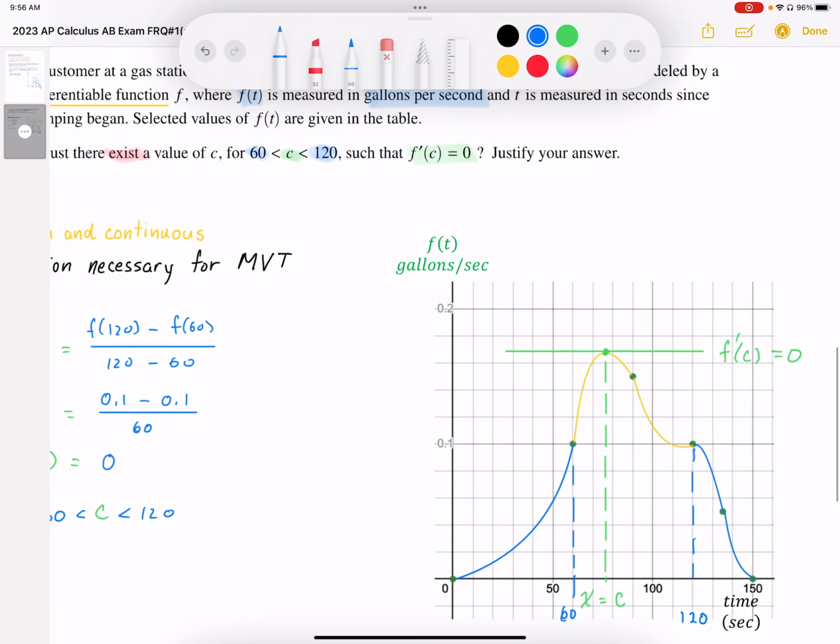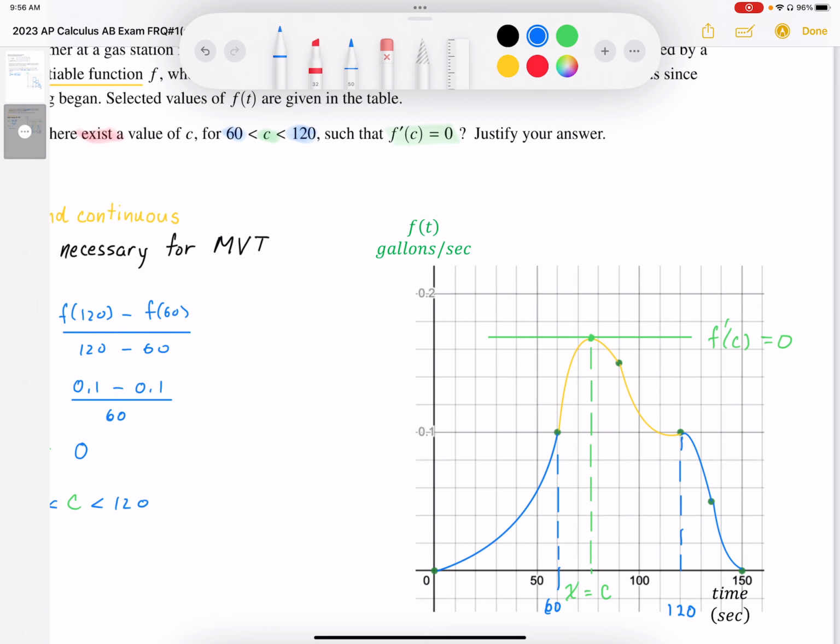We can see from this diagram that if we draw the average slope between these 2 points, we're going to have a slope of 0. And we know that a slope of 0 must exist somewhere in between. So I've arbitrarily connected the dots using some smooth function. And we know that in between 60 and 120, there must be at least 1 point.